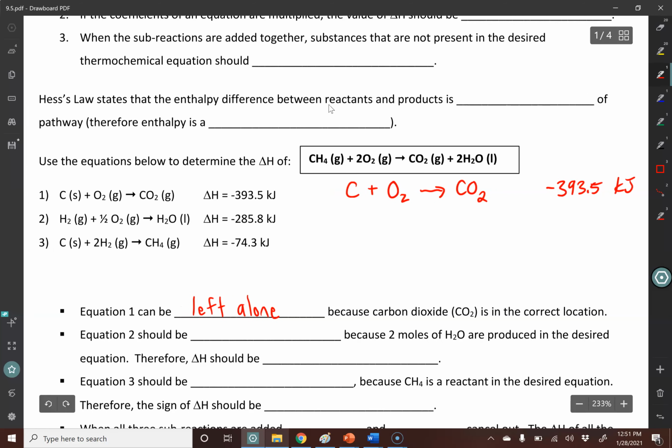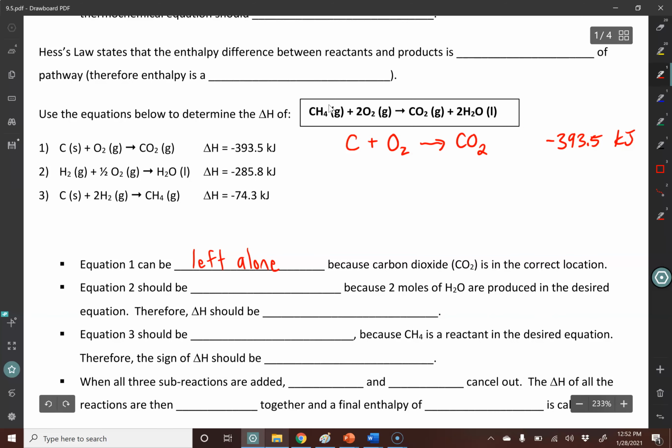All right. As I look at equation 2, I've got my hydrogen, I've got my oxygen gas, I've got water. Okay, oxygen, again, is on the reactant side, and over on the product side, I have 2 moles of water. This equation only gives me 1 mole of water. What could I do? Yeah, I need to multiply the equation by 2.